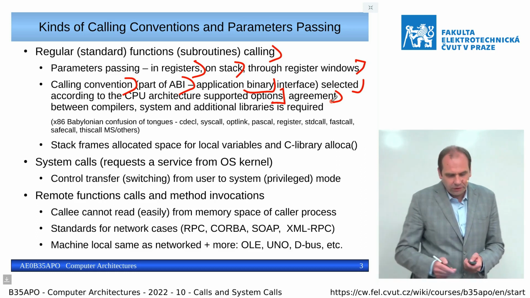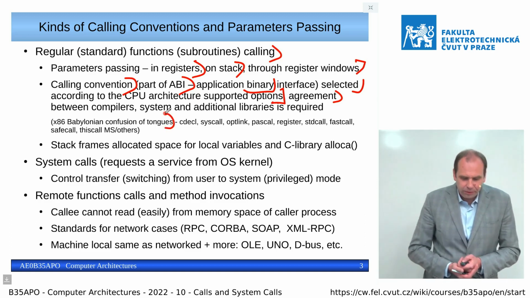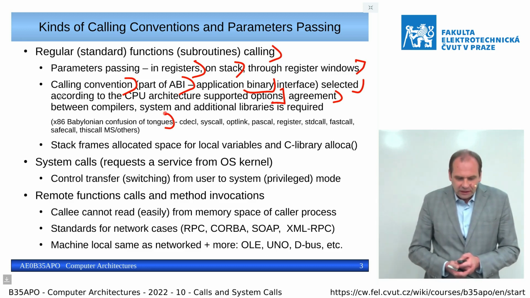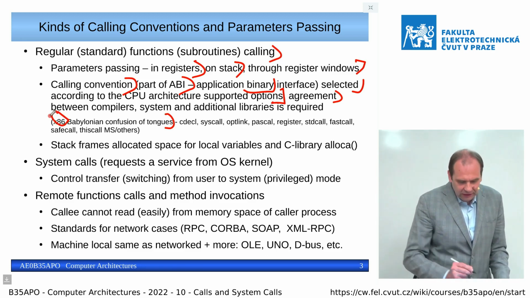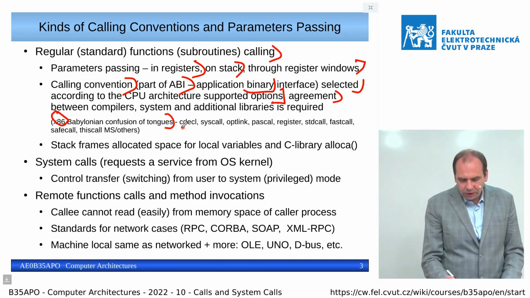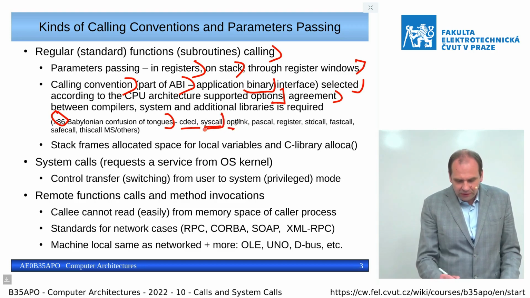And if we speak about the biggest nightmare of computer programmers for the application binary interface, then it is the x86 architecture, where, for example, on 32-bit Windows, you have the standard C call, used for calling the operating system, but it can be used even for calling functions.